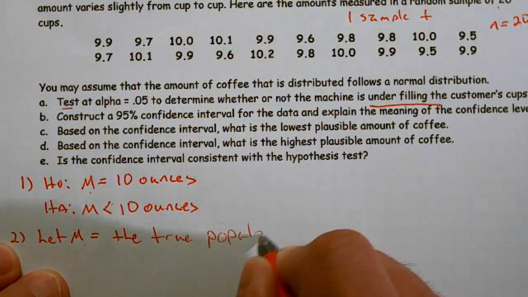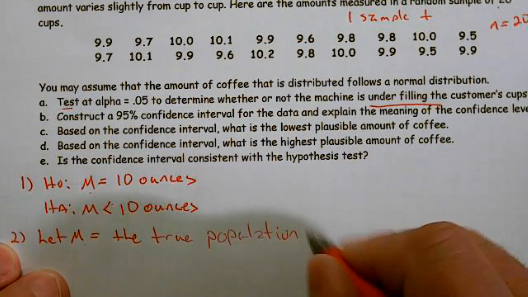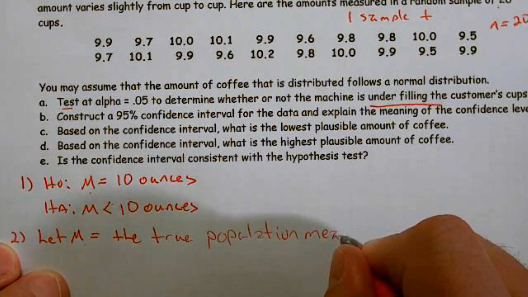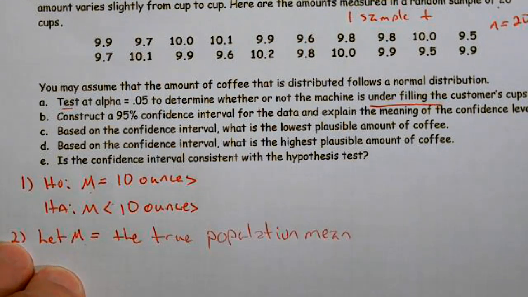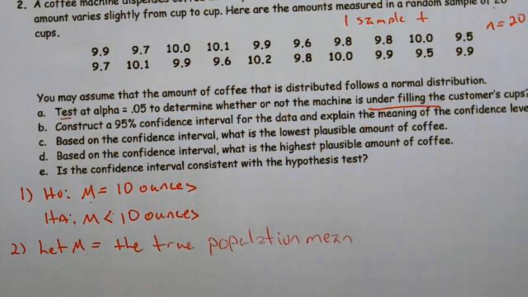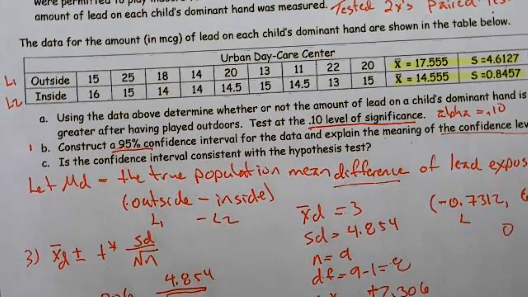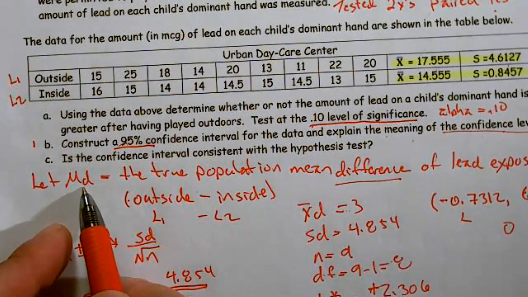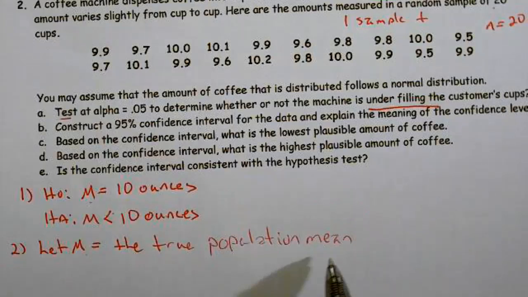population mean. And notice I didn't write the word difference. Well, you don't see a D there, so I don't need the word difference. When we were doing the paired, we had a D for difference, so I needed to include difference there.